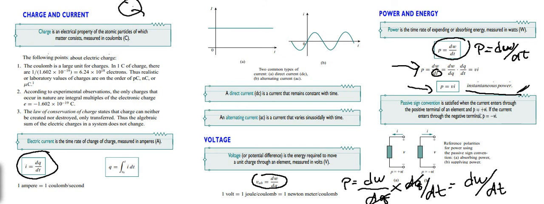If the current enters through the negative terminal, P is equal to negative VI. If a current enters a positive terminal, we have a power equal to positive VI, and if a current enters a negative terminal, we have negative VI.